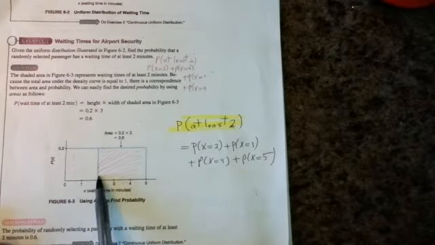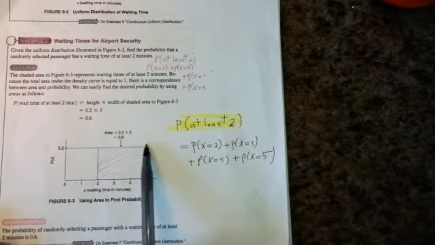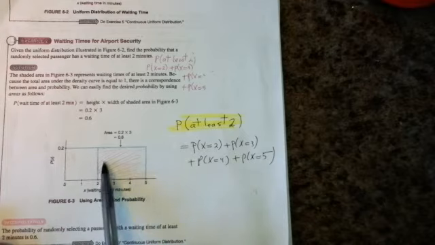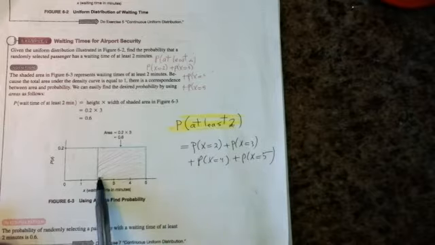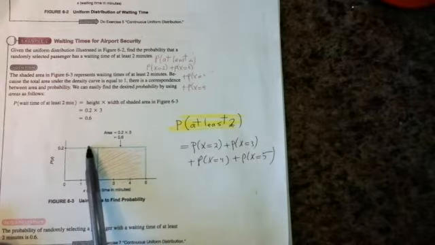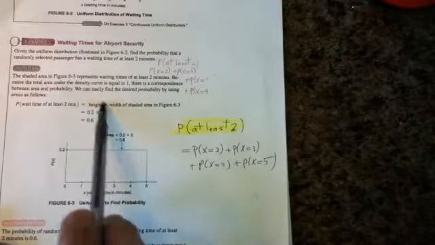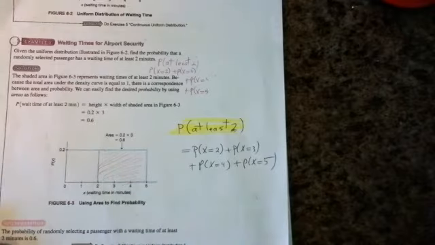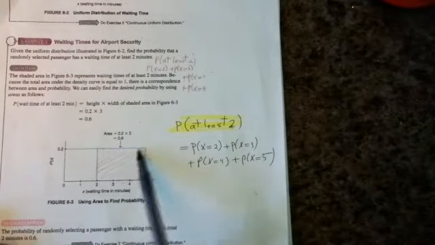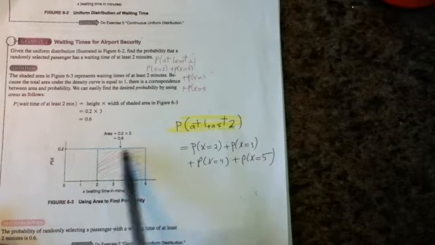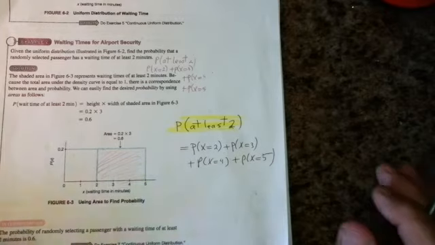So they're asking us to calculate this area, which is very easy because it's a rectangle. From here to here is 1, 2, 3 units, and the height is 0.2, given in the problem. When you calculate that, that gives you the probability. Probability is always this shaded area, or what you have under the curve.